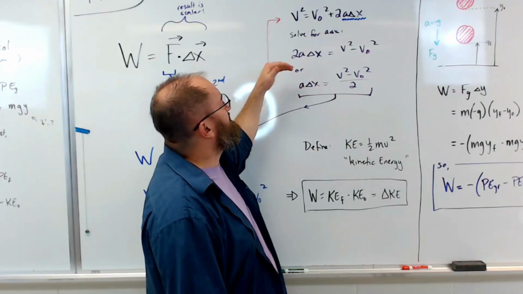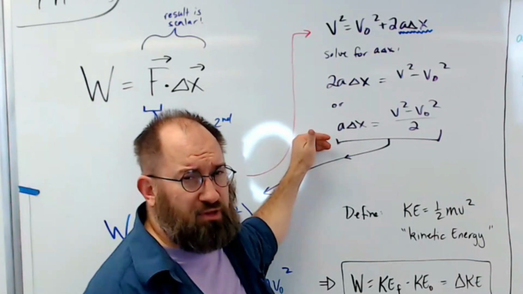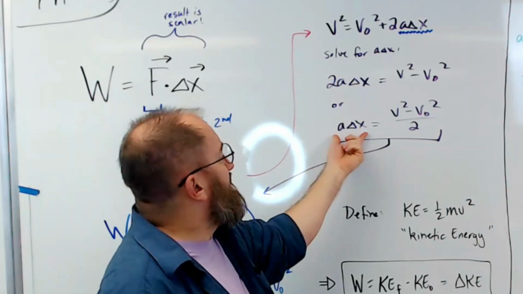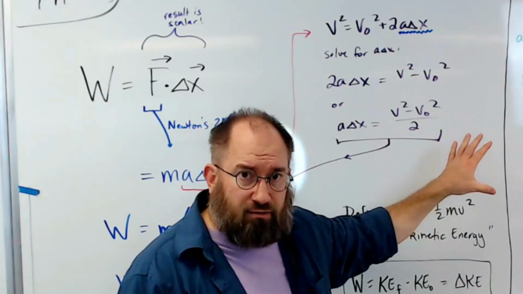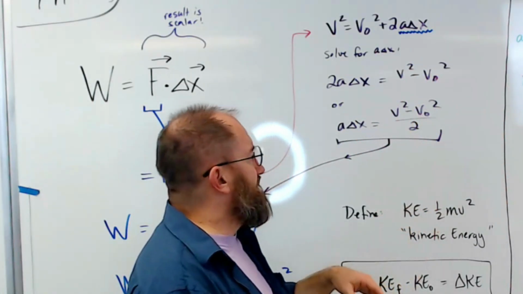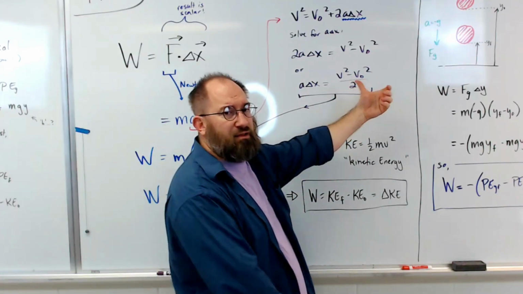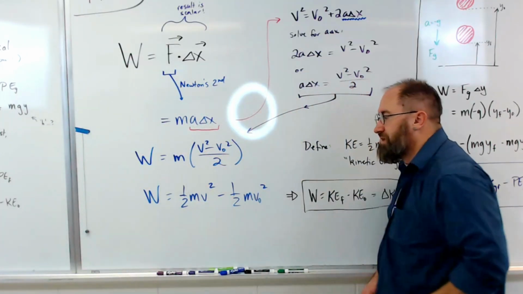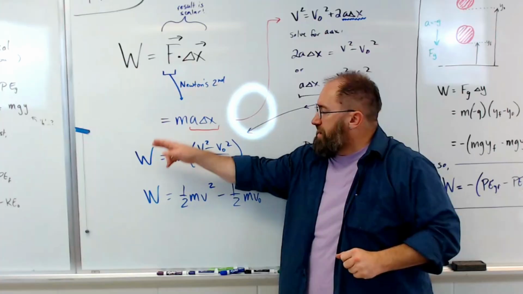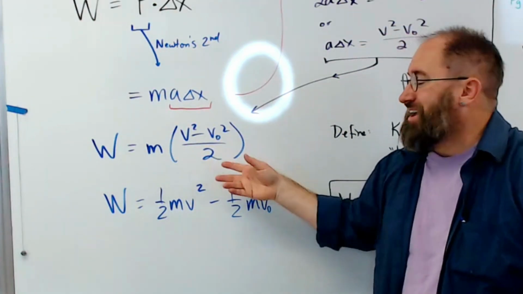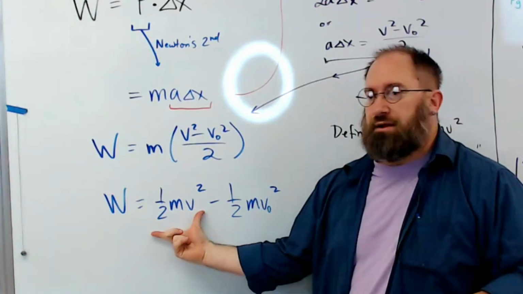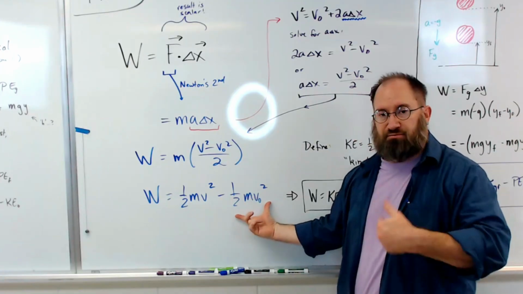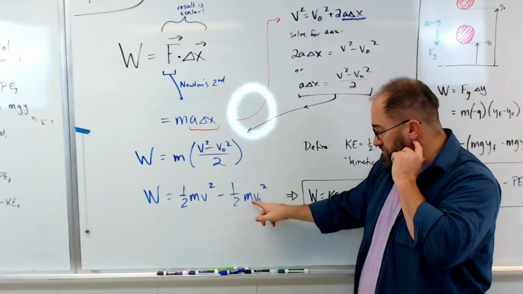These are familiar algebra processes, and we have delta x equal to a phrase over here, with velocities and a 1/2 in there. So let's stick that back in there, and there it is. Now we have work equal to mass times this business. Let's distribute that. Now we have a statement that says work is 1/2 mv squared minus 1/2 v naught squared, times mass.